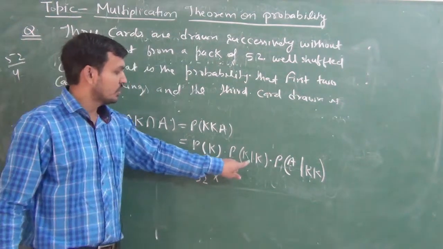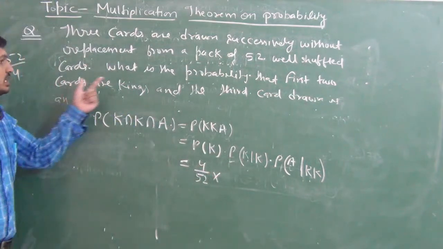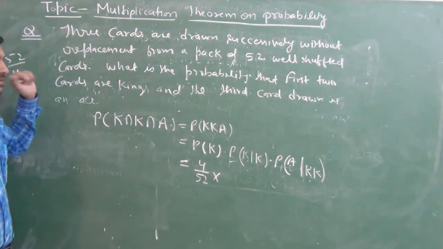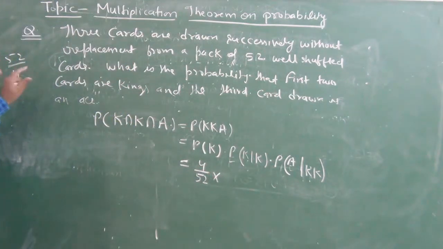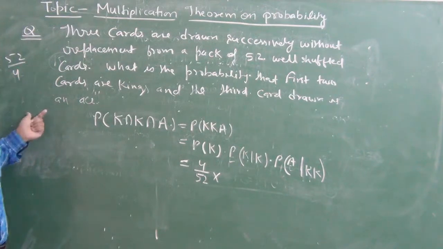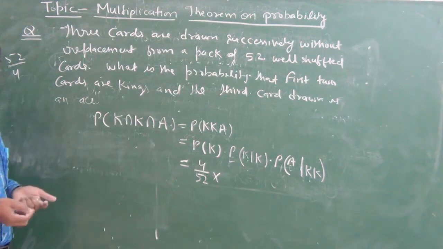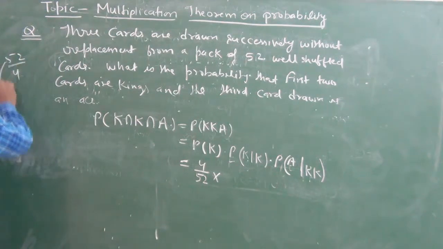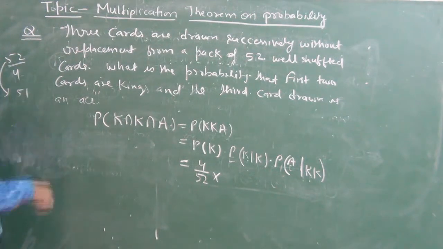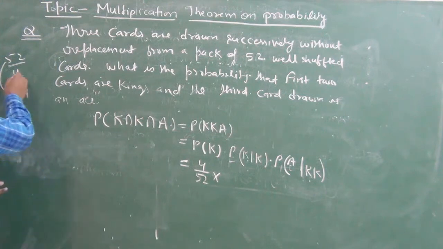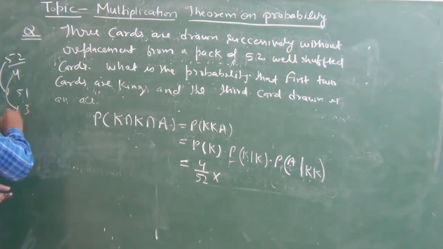into, now since the experiment is going on without replacement, the first card is kept aside. Now we are taking the second card from the remaining cards. So now we have taken out 1 card, so we have 51 cards only, and we have taken out 1 king, so we have now 3 kings only.